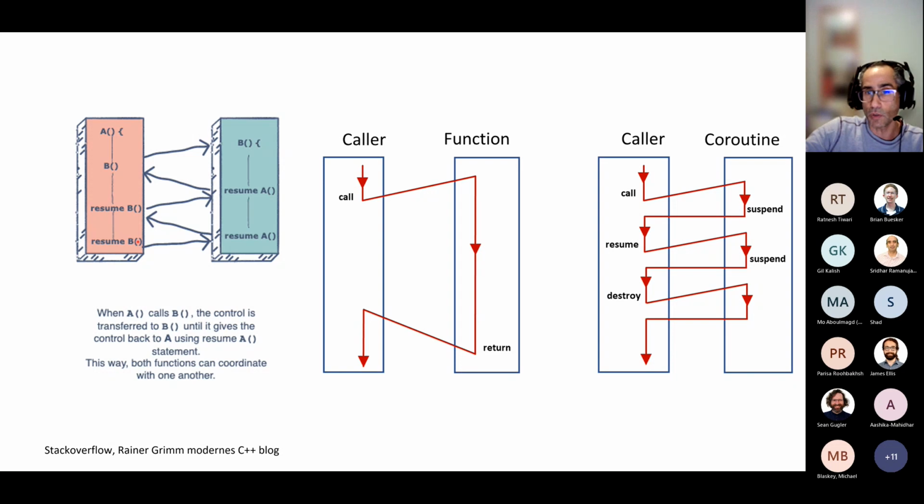When I resume, everything continues as if nothing happened, because the context is there, and it looks like a regular function. But when I suspend and exit the function, I'm really not exiting it. The function is just in a suspended mode, and someone is keeping all the context for me.